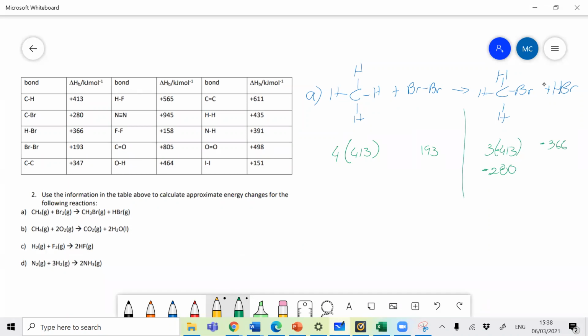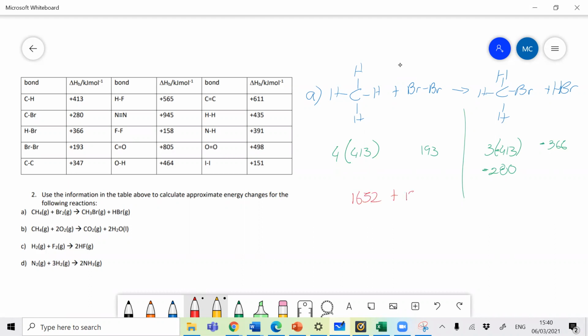So then we can count everything up, okay, and we can see what the values are going to be. Whenever you are working any of these out, I highly recommend that you do this step by step, okay?